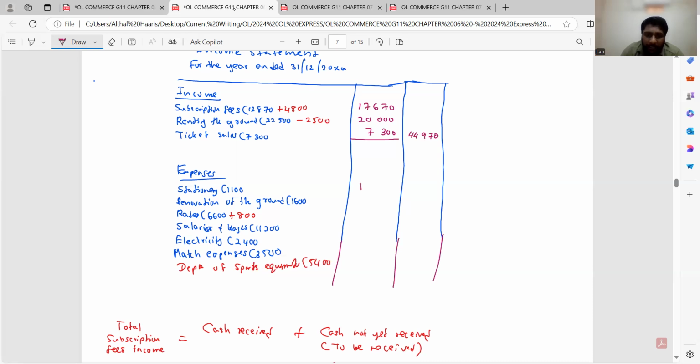Here stationery 1,100. Here 1,600. Here 7,400. Here 11,200, 2,400, 3,500, 5,400.